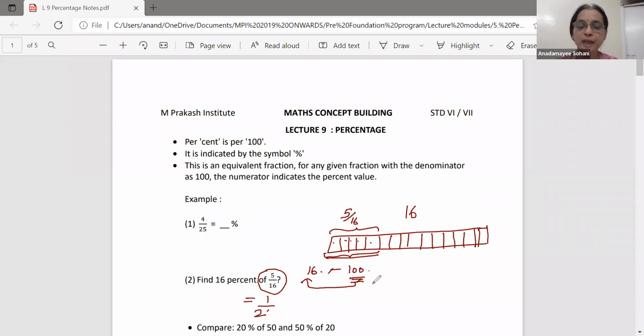I want you to do this model. Actually draw a strip, make 16 parts. From the 5 parts, you will make 100 parts, meaning from each of these parts, you will make 20 parts. Then I will choose 16 parts out of them and see that the length will be 1/20th of the whole.